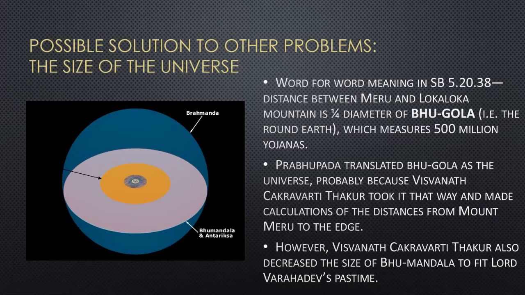And because of that, at some point Vishwanath Chakravarti Thakur started running into problems, such as the pastime of Lord Varahadev. Varahadev is the incarnation of Krishna that is a boar. The story is that the demon Hiranyaksha caused the earth to fall into the ocean that is right beneath here.